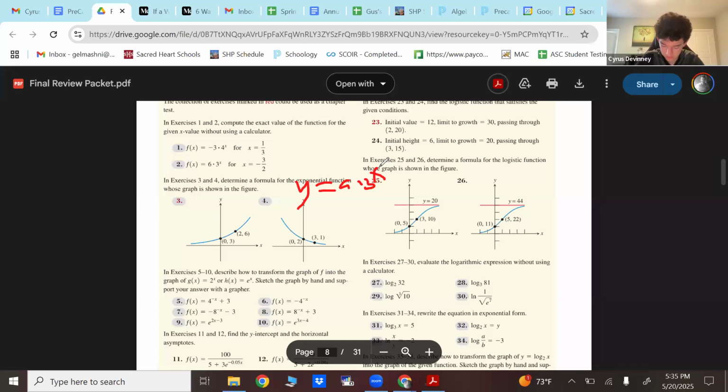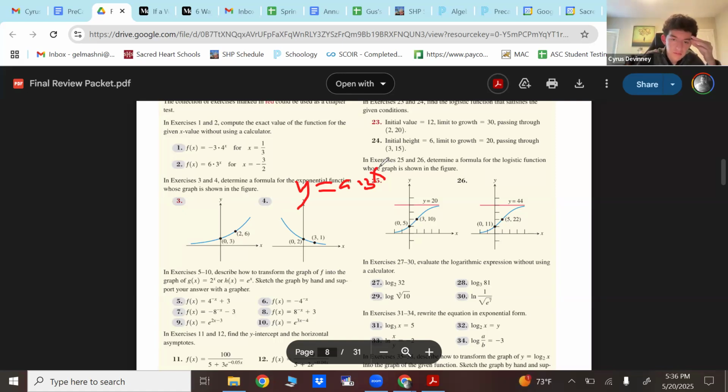Oh, I see. So a would be 1, right? Like a is 1?